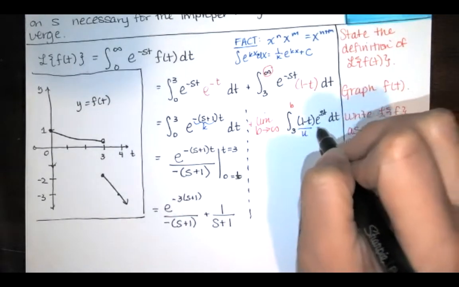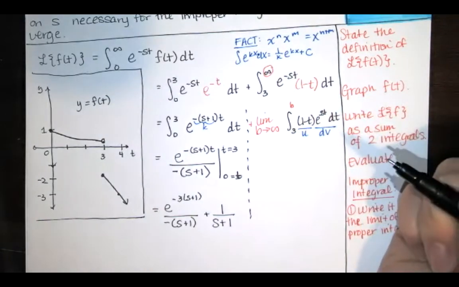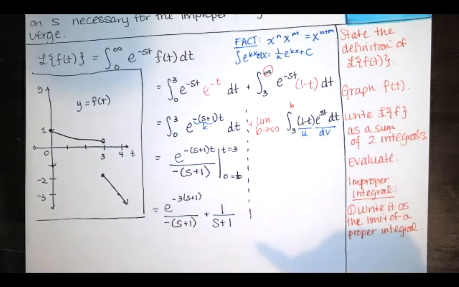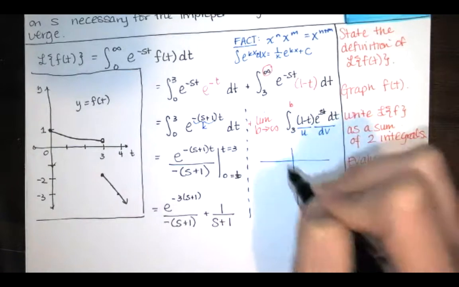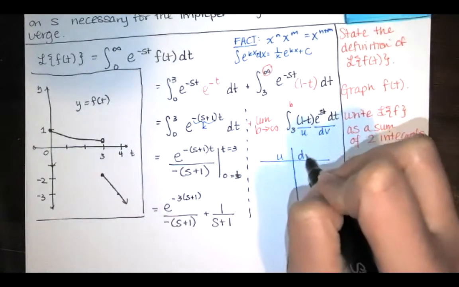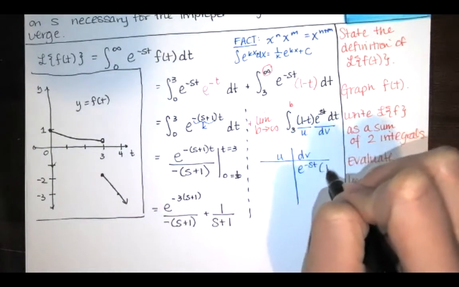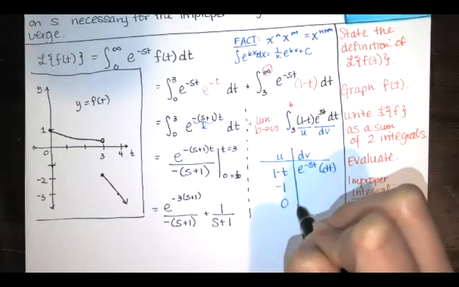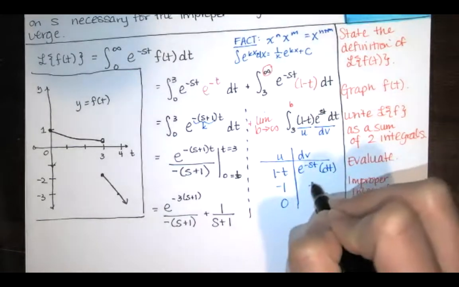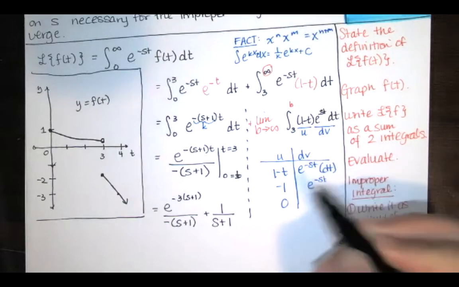This is the integral of u times dv. I've got a polynomial times an exponential. Since it's a polynomial times an exponential, I would recommend using tabular integration here. So we take the derivative twice, and then we take the antiderivative here.